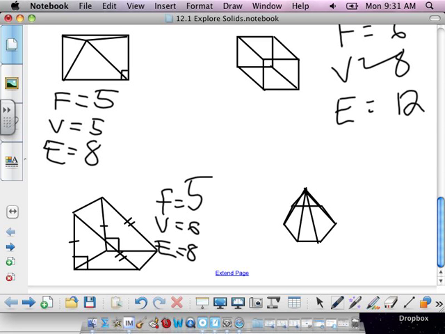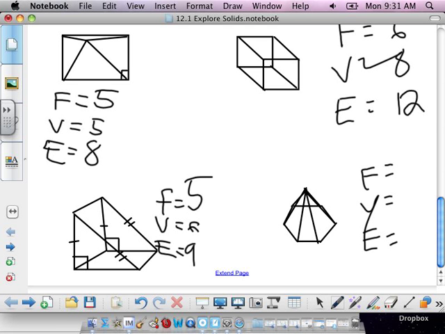All right, this is what we call a hexagonal pyramid. How many edges? 1, 2, 3, 4, 5, 6, 7, 8. Oh, I was right. 9. Okay. So we've got faces, vertices, and edges here as well.